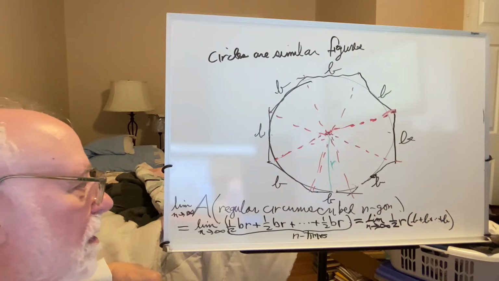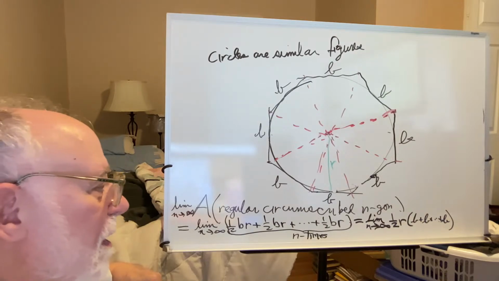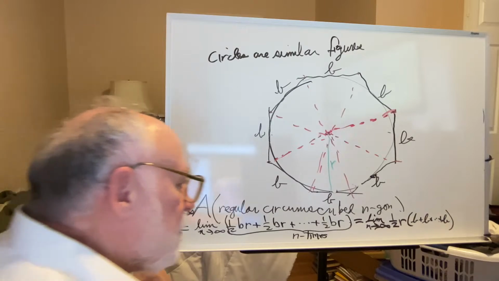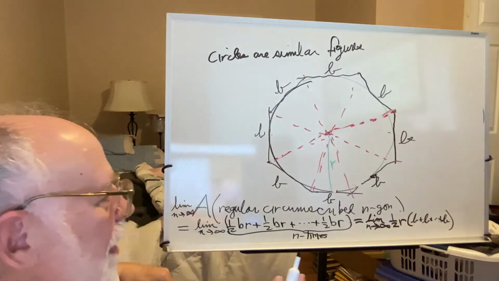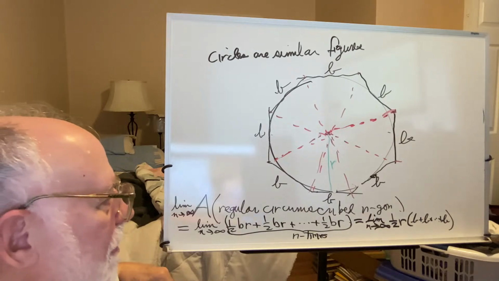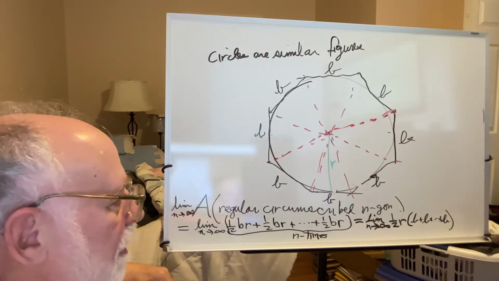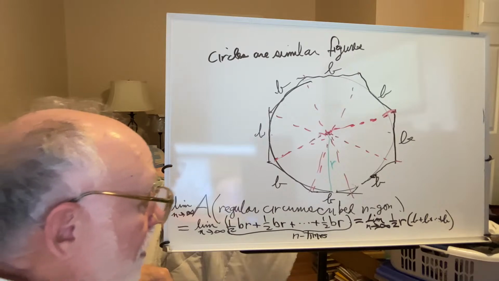So when you add them all up, they're getting smaller, but the sum is approaching the circumference. We don't care about when they are at zero. We're just approaching.